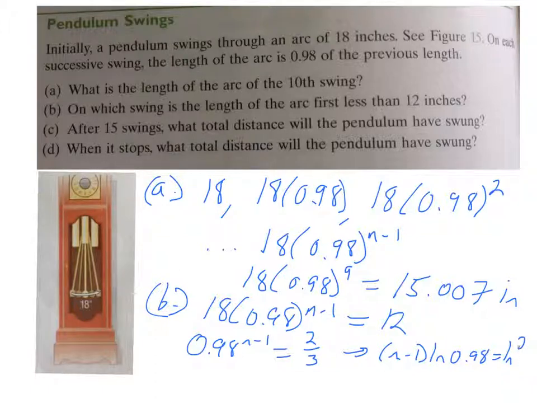I could just as easily have used log base 10, but I chose natural log just for the heck of it. And so I'm going to rewrite that on the next page here. I have (n minus 1) times ln of 0.98 is equal to ln of 2/3.